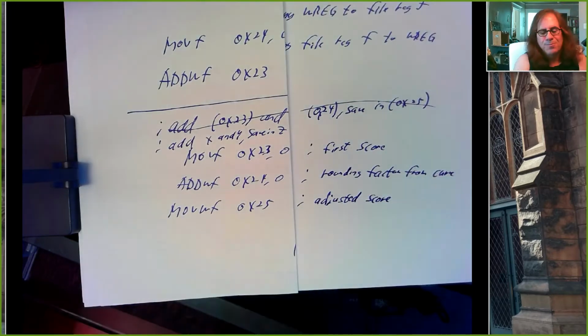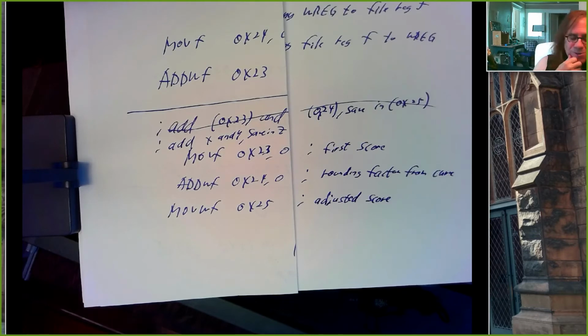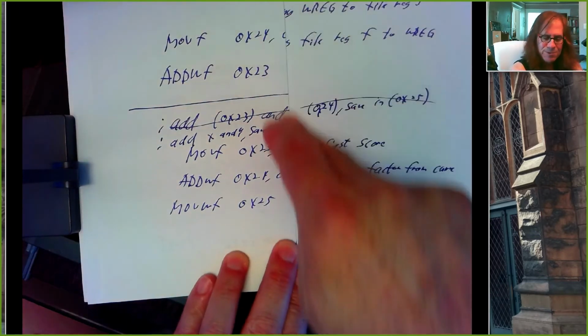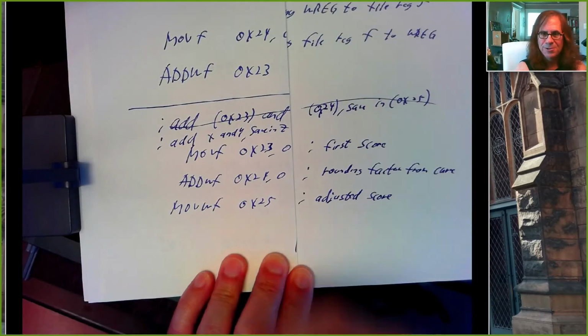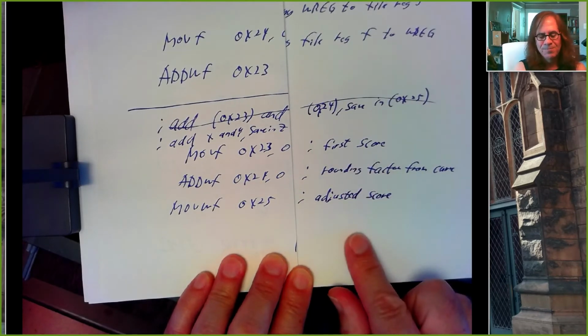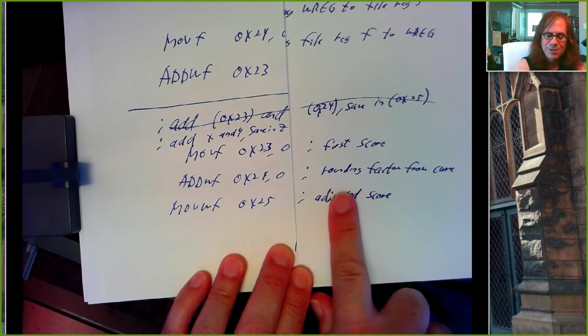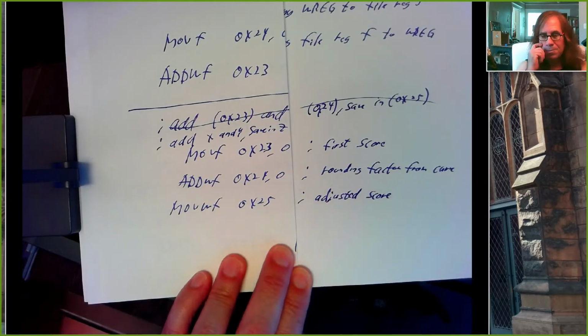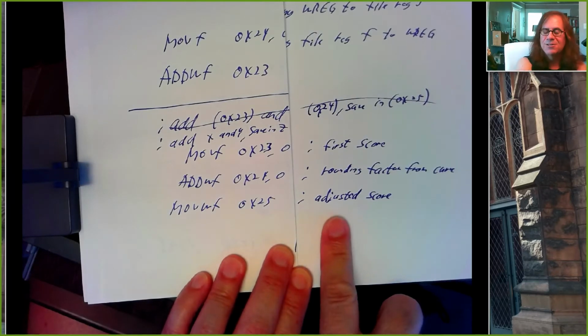And maybe this is part of an assembly language program that's used for grading a class, right? And so when I'm going through this as a programmer or a maintainer or someone who's developing more code on top of this, I'm looking at the comments over here. I'm saying, okay, we're getting the first score from the student, and now we're adding in some adjustment from a grading curve, and now we've got the adjusted score.